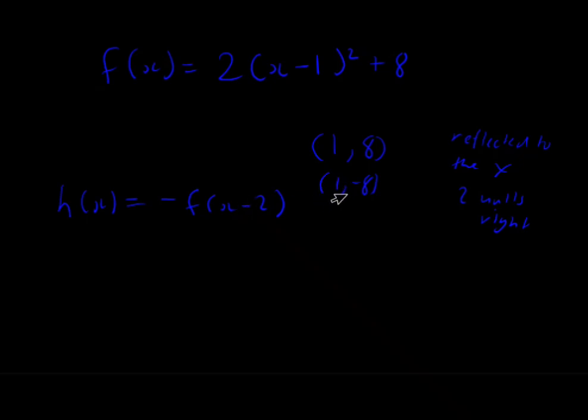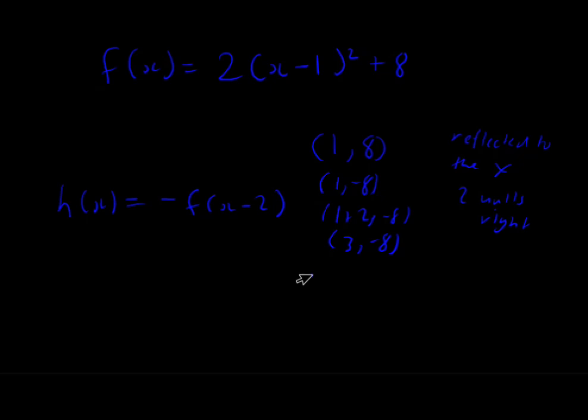However, when it comes here, I have to plus 2. So it's going to be 1 plus 2 because it has to shift 2 units to the right, and then it's going to be minus 8. Here I just wrote it weird. I'm not saying you have to do all these steps. This is just to make sure there is understanding. So this is what we have.